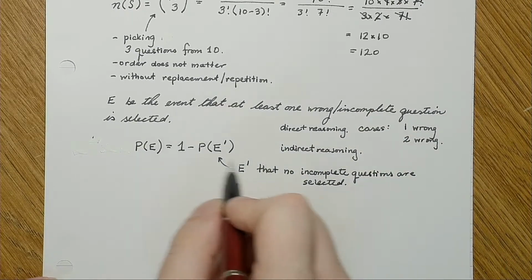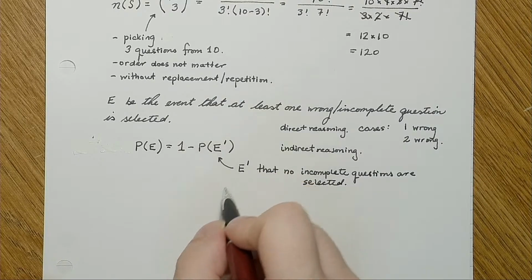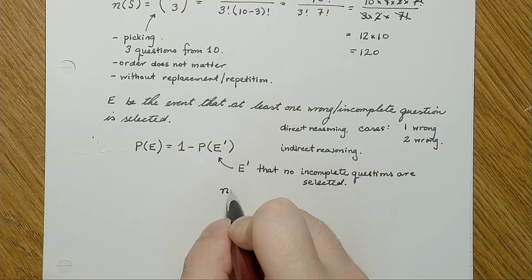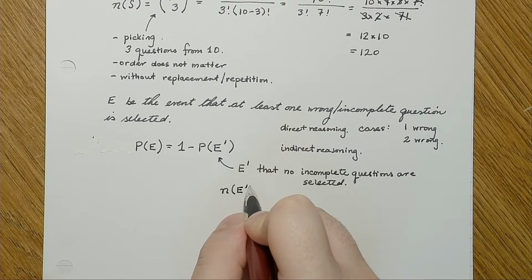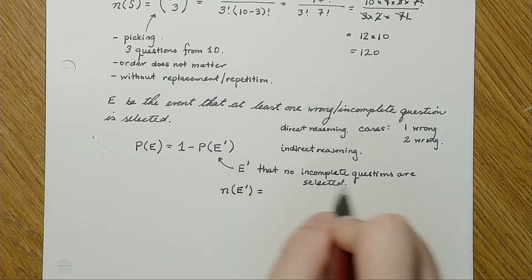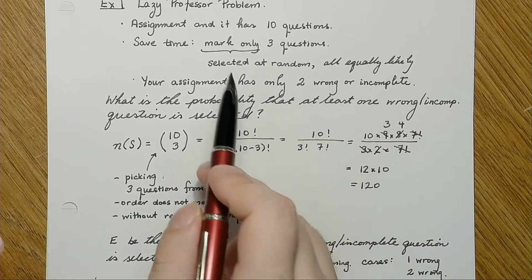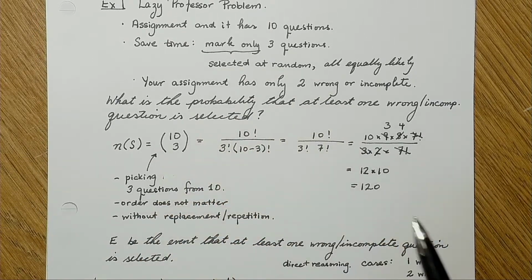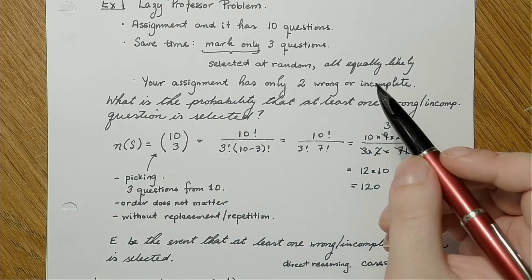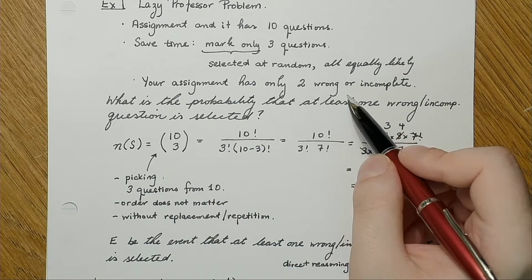So we can actually calculate the number of cases for E complement. How many ways can I select questions where there's no incomplete or wrong questions?